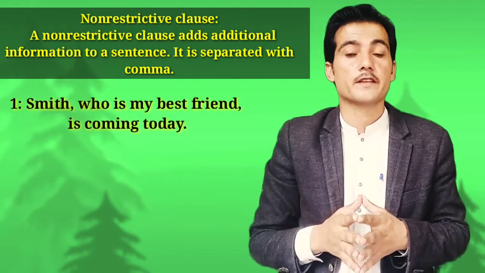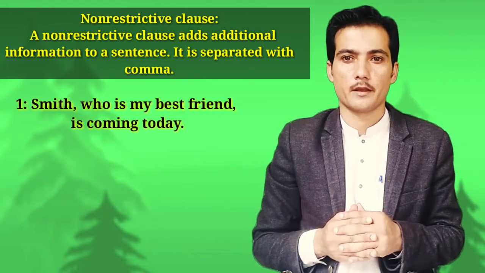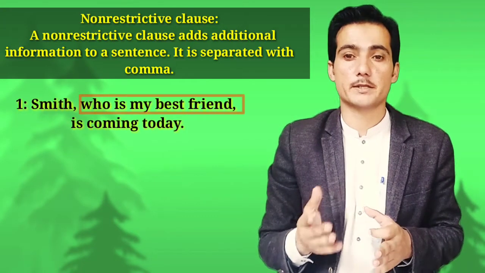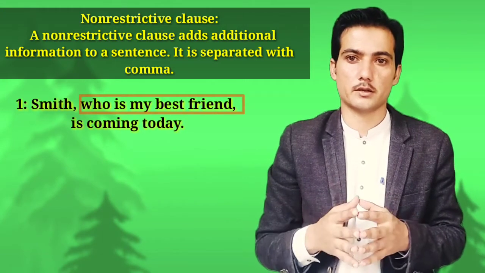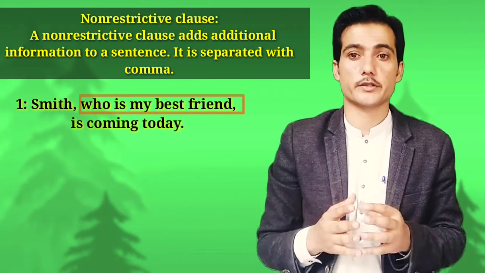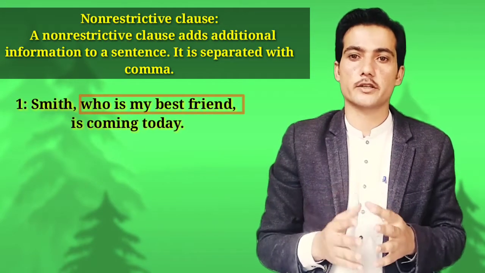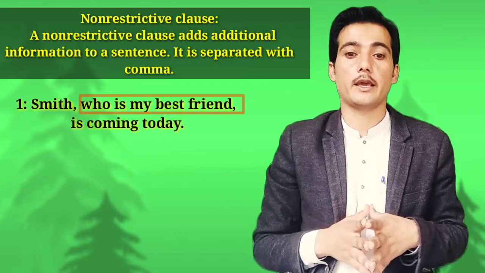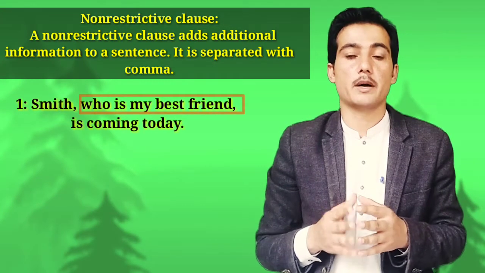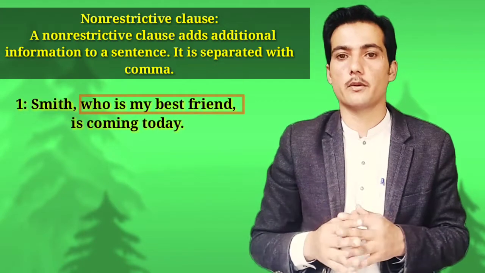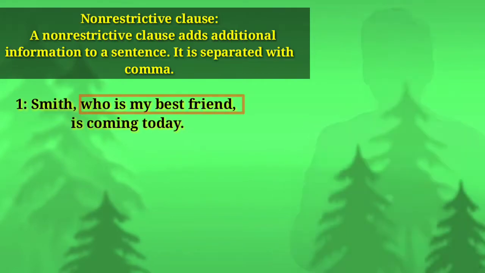For example, Smith, who is my best friend, is coming today. If you look at who is my best friend, it is an adjective clause, but it is non-restrictive because it gives us additional information. Smith, if for example, we just put aside right now, Smith is coming today. So you can see that who is my best friend is additional information, and it is separated with a comma.